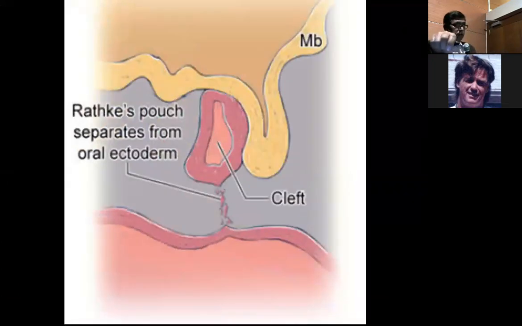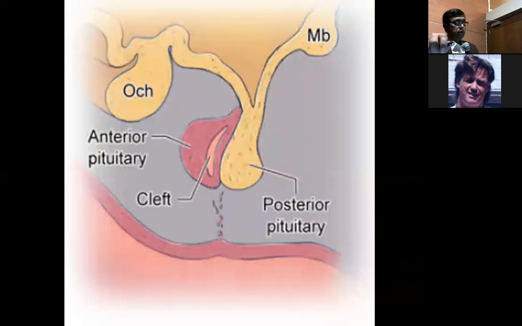As you see, this canal, which is called the craniopharyngeal canal, will disappear, but there remains some cleft inside this pouch. So the pituitary gland will be formed, anterior pituitary and posterior pituitary.